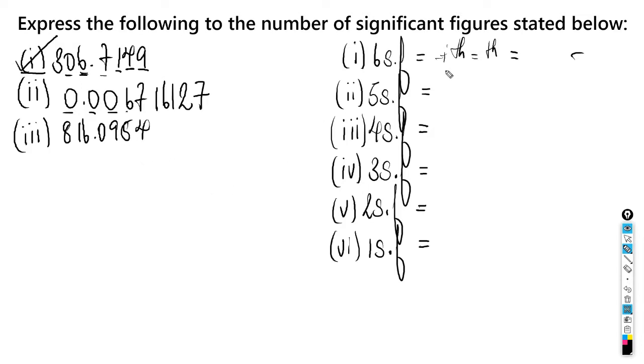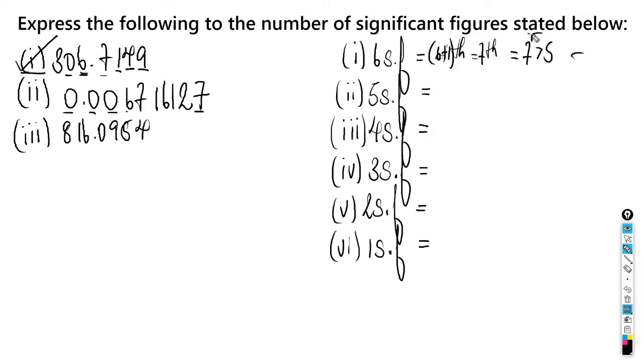Remember the rule before, right? So we need to put this in 6 significant figures. There are 7 here, and we need to put it in 6. So we're going to look at the 6 plus 1th significant figure, which would be the 7th significant figure, right? Which would be the 1, 2, 3, 4, 5, 6, 7. This 7 here. And is 7 greater than 5? Yes, that's true.